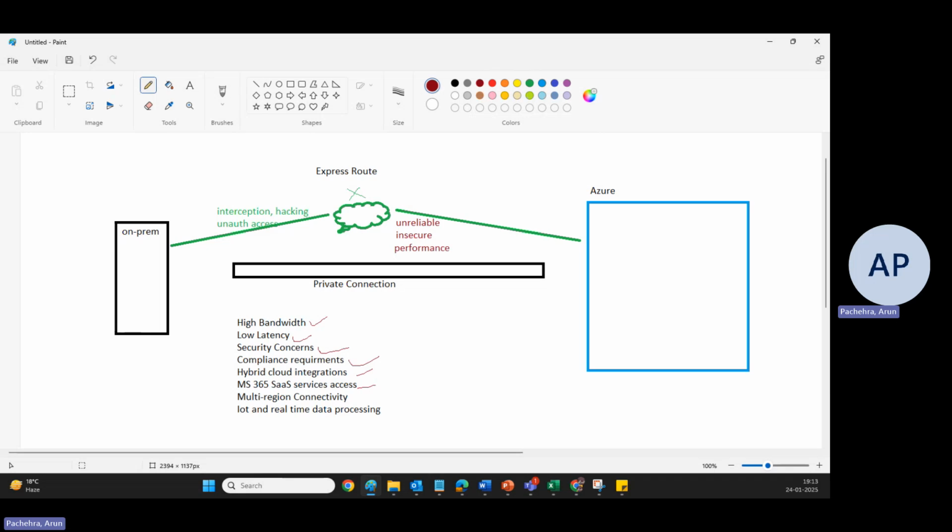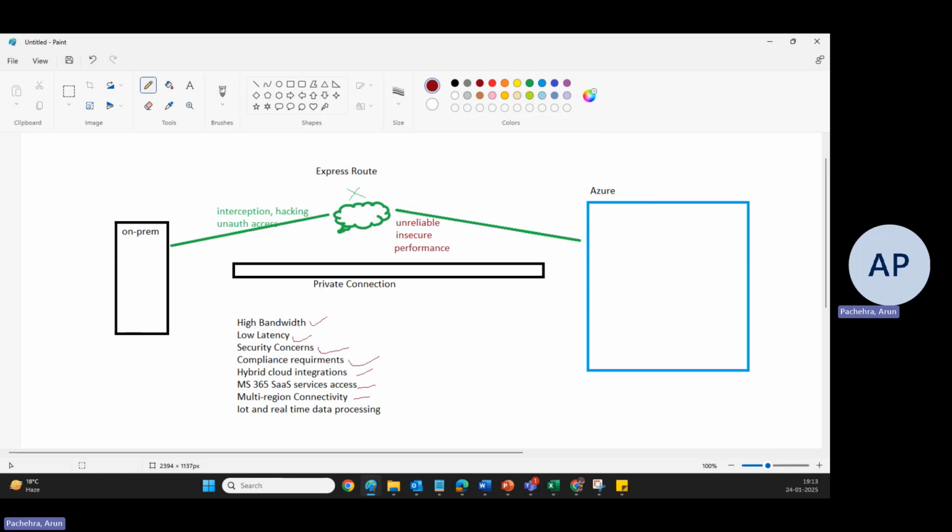Now, if you have a global business which needs consistent and seamless connectivity across multiple Azure regions for workloads distributed worldwide, connecting globally distributed offices to multiple Azure regions over the internet leads to latency and routing inefficiency. If you have multiple offices in different regions, this will be an issue.